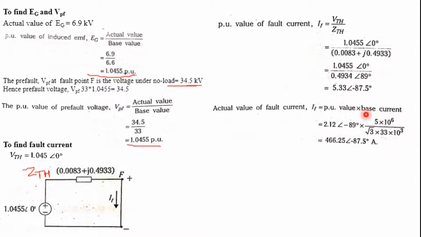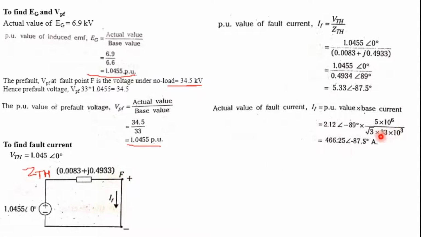We have to calculate the base current. Where is the fault? There is a fault across the feeder. The base current is the MVA base divided by root 3 times the kV value. The MVA is 5 MVA, divided by root 3 into the voltage in the feeder, because we are calculating the fault current across the feeder.